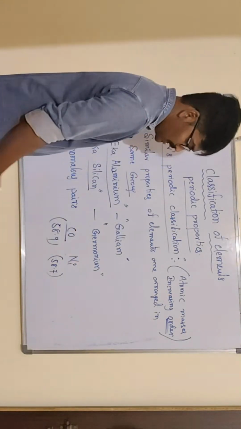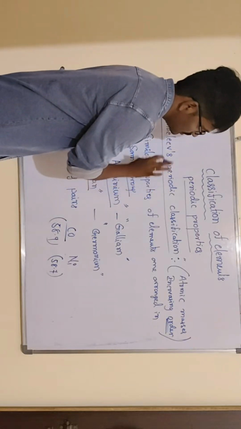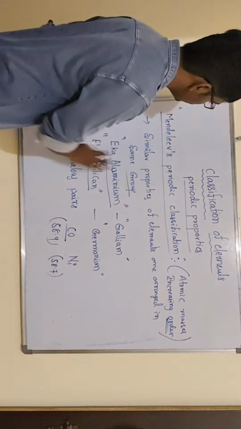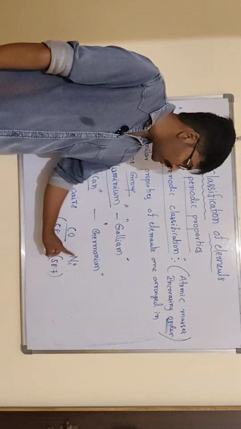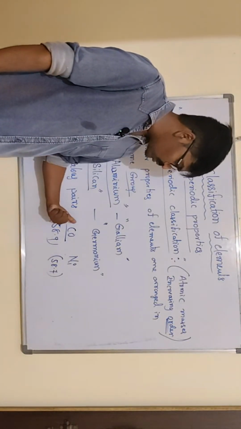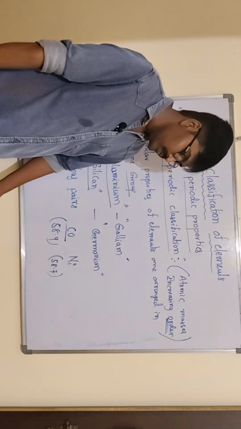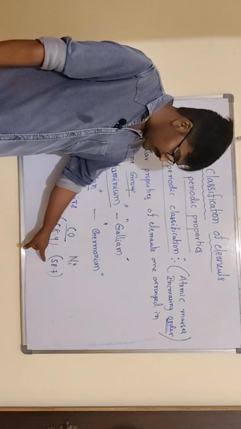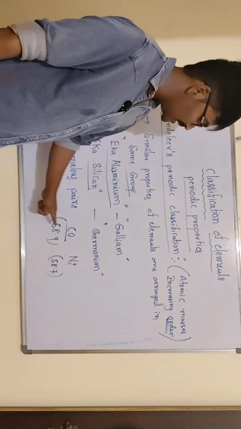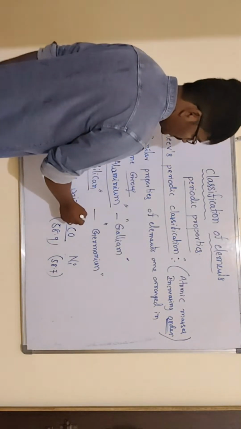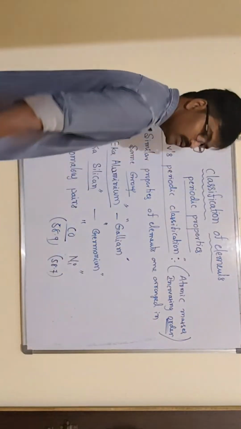But actually according to Mendeleev, first the lower atomic mass should be arranged, then the higher atomic mass. But here cobalt is arranged before nickel, in decreasing order, 58.9 then 58.7. Such type of properties we call anomalous properties.